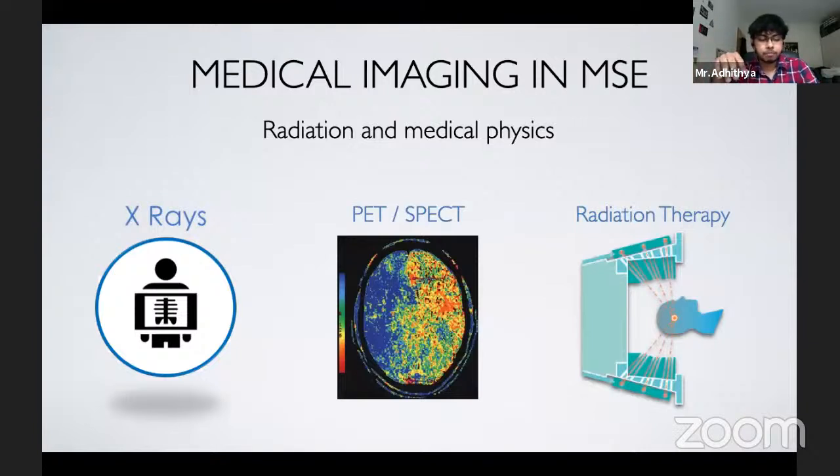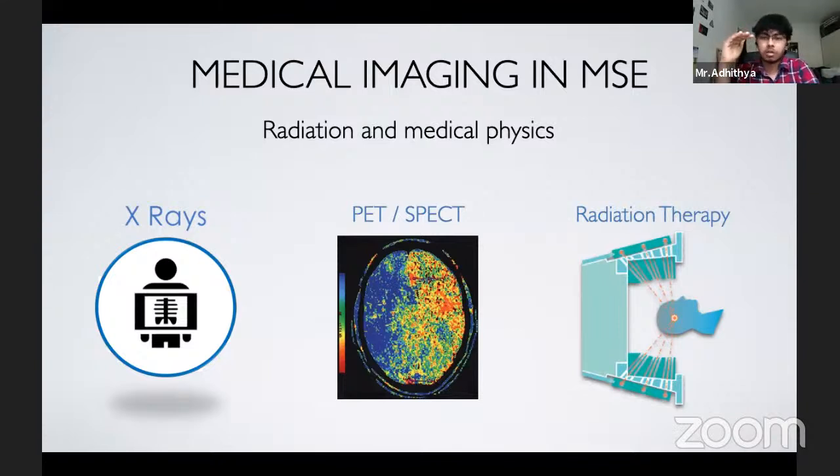But that is a single drawback of the technology in terms of patient care. There are certain annual dose limits that you're allowed to receive, and it differs for patients and for radiographers.